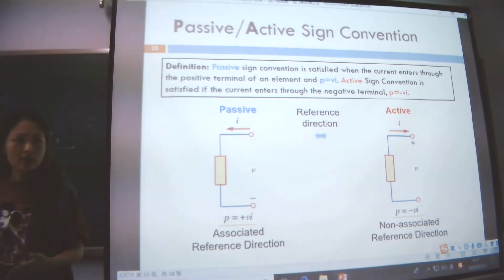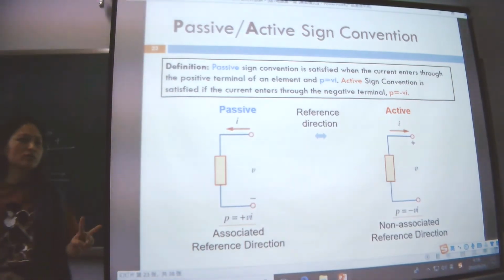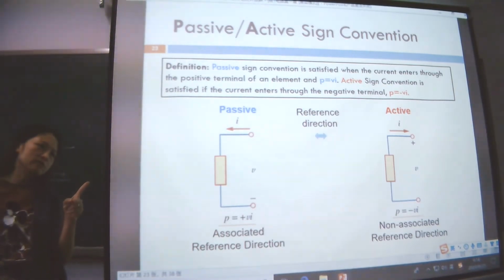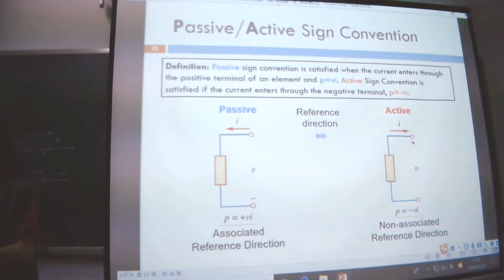Here is another question about the equations. Here we have P equals VI, but in the other convention we have a different equation. Is it good? It's not good, right? We don't want to remember two equations. We just want to remember one equation, and just remember this direction of current.